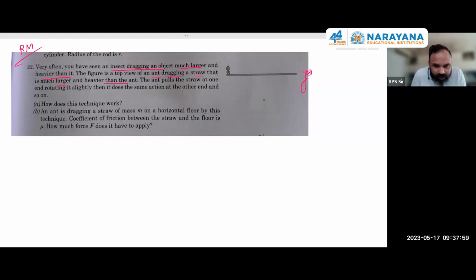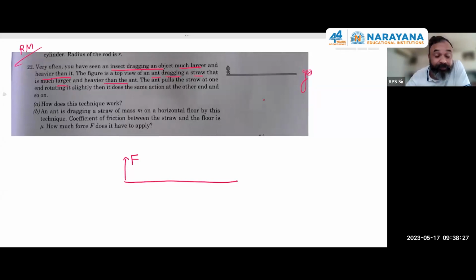So if I look into the forces which are acting on the body, what are the forces? I'm not interested in weight and normal reaction as such. Basically, my interest is the pulling force which the ant is applying here. Let's say that force is F at the corner, and that should be sufficient to overcome the limiting friction.